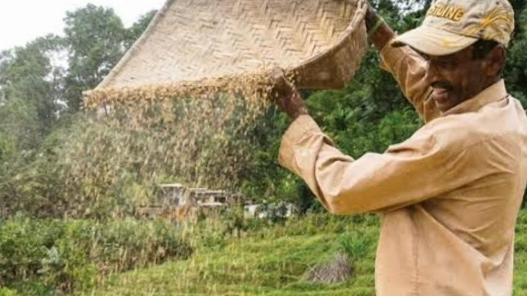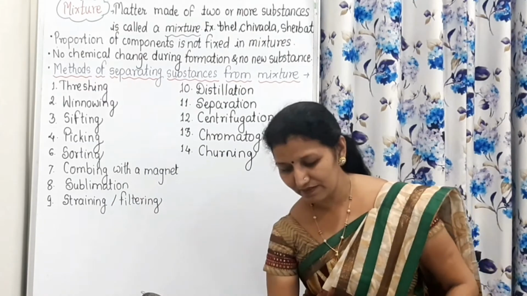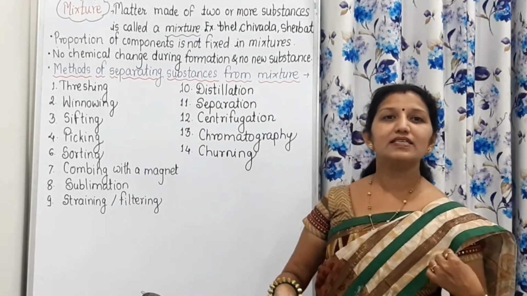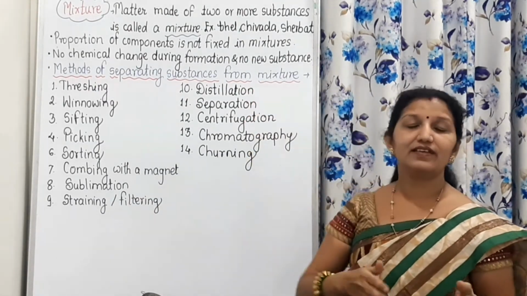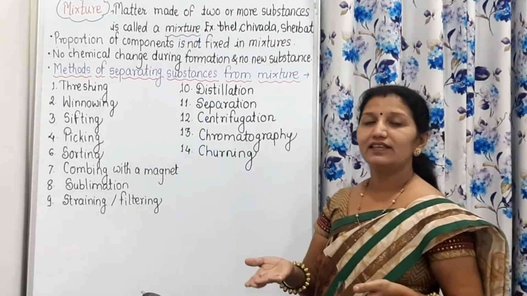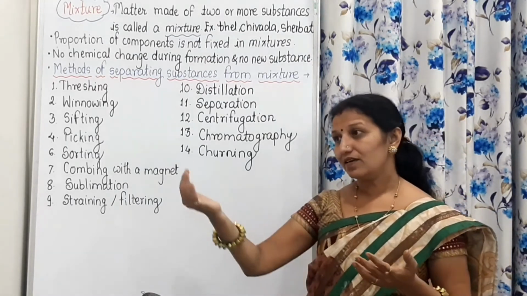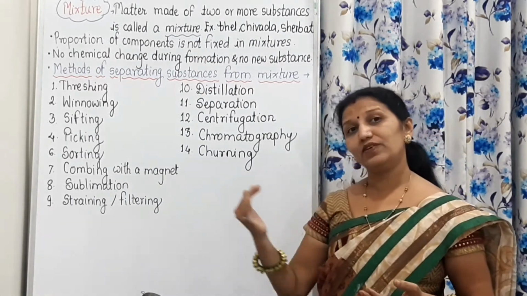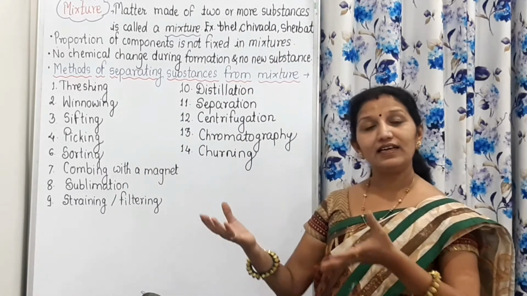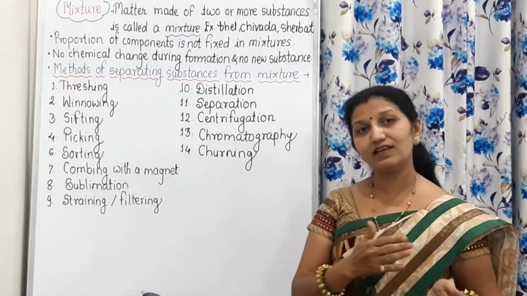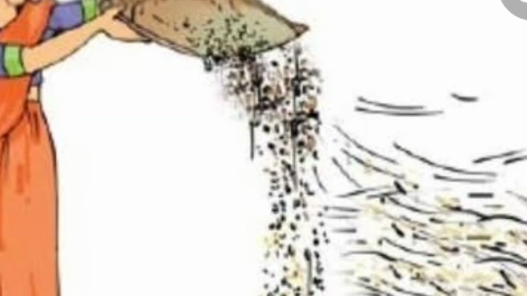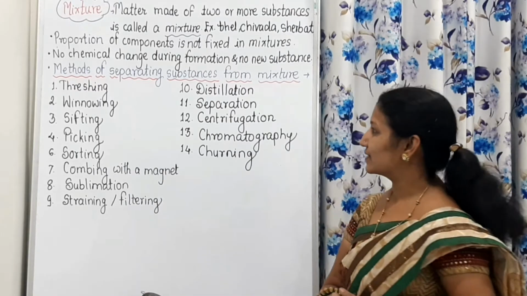The light chaff is separated because of flowing air, and that pressure of air causes the light substances to get separated from these grains.